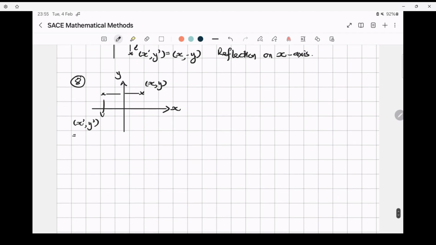In this case, your x prime will become minus x. Y prime is still the same, alright? So we still keep y equals f(x). So over here, x prime equals minus x, or x will be minus x prime. Y prime equals y equals f of x. So you substitute inside, it will become f of minus x prime.